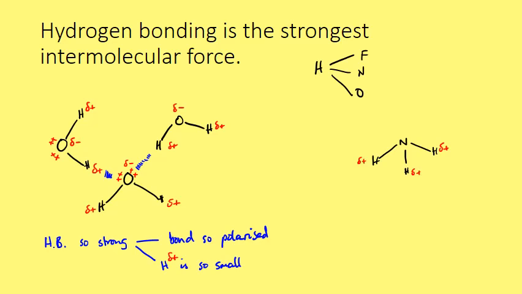And the other thing about nitrogen is, of course, as well as those bonding pairs, it does have a lone pair of electrons as well.